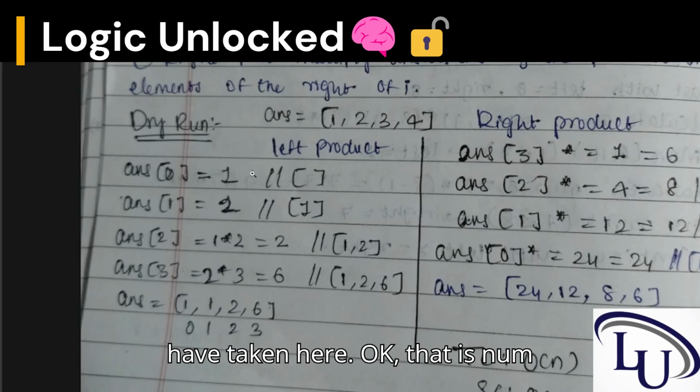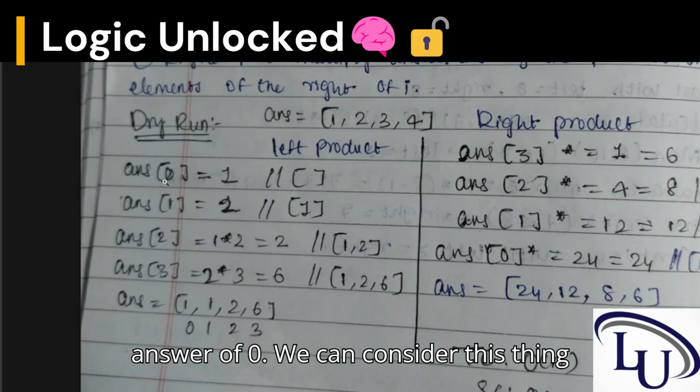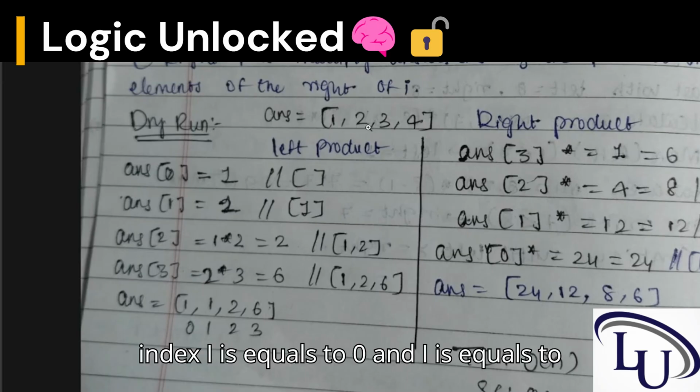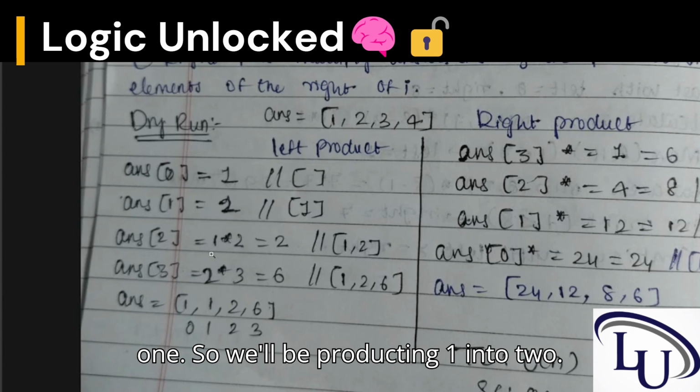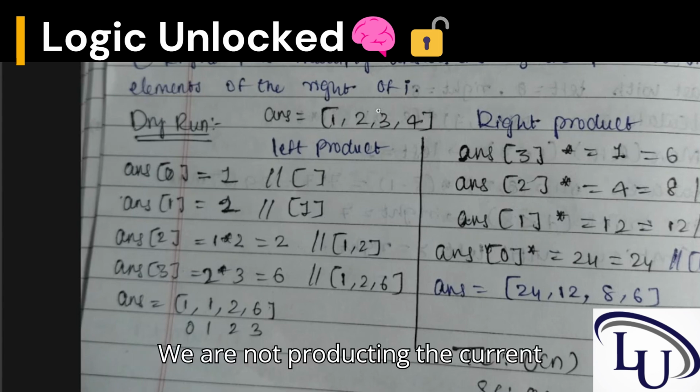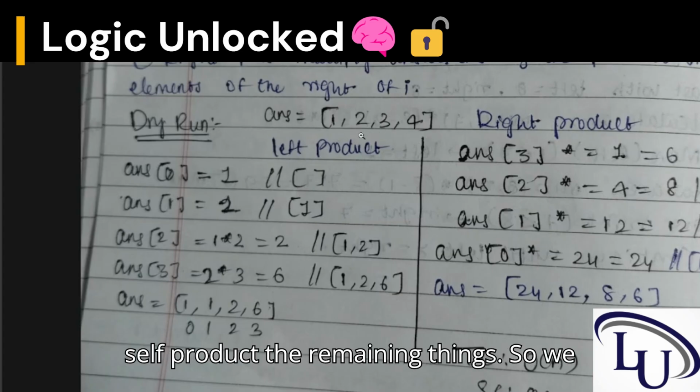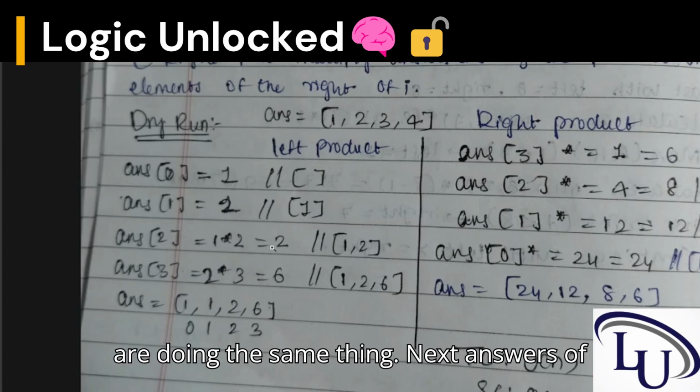Next, answer of 2: left of this there is 1 and 2, that is index i equals 0 and i equals 1, so we'll be multiplying 1 into 2. We are not multiplying the current element, that's the thing, except self, we multiply the remaining things.